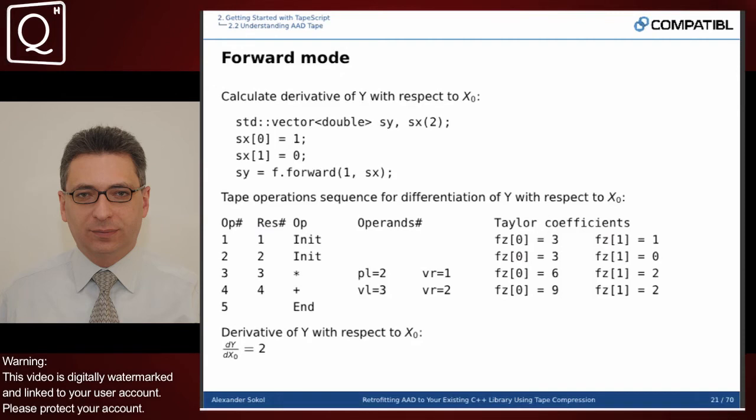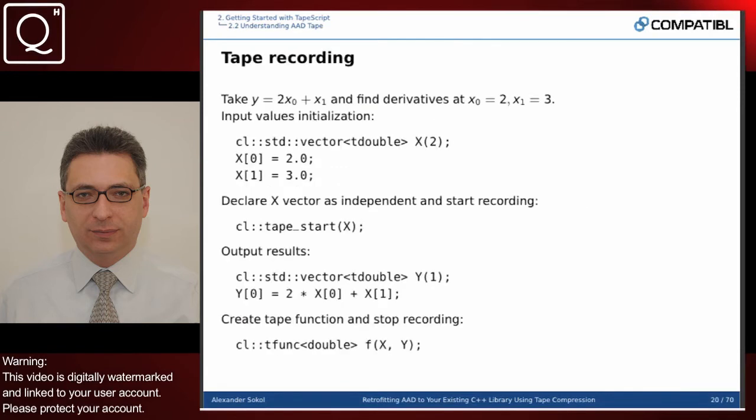Then we're initializing the second variable. Then we're multiplying, and then we're adding. So if we go back, we initialize this variable, then this variable, then we multiply this variable by number 2. I just realized you probably cannot see my pointer.